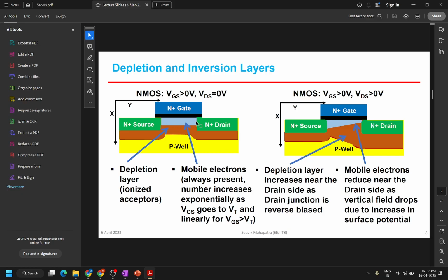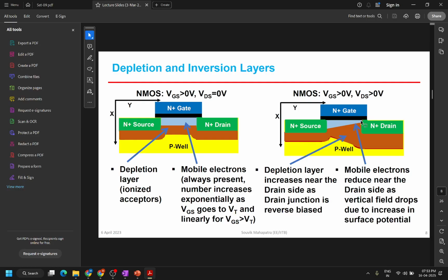There's a parallel channel, but as you give your VDS greater than 0, your channel region becomes smaller near the drain. And if your VDS becomes equal to your VGS minus VT, then your channel thickness becomes almost 0.